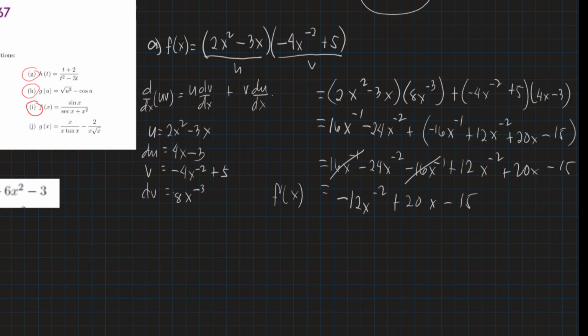Or we can still simplify this. Di ba pag negative yung exponent, para maging positive siya, ilalagay natin siya sa denominator. So, negative 12 over x squared plus 20x minus 15. Same lang din naman yan. Okay? So, this is our answer.